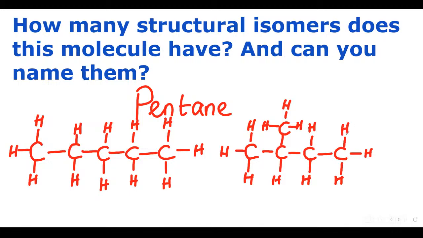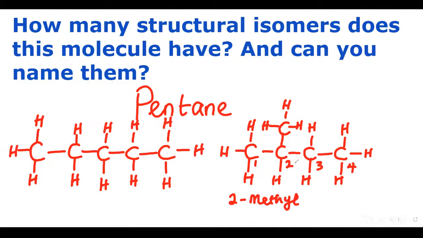The second isomer. So to name this compound, we're going to count the longest continuous chain. This is 1, 2, 3, and then 4. So the longest continuous chain is 4. And on the carbon 2, there is a methyl group attached. So we're going to say 2-methyl.